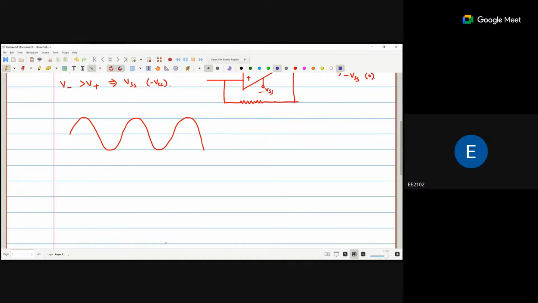And I generate one particular ramp signal. This is my ramp signal.